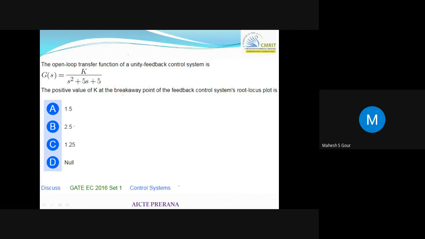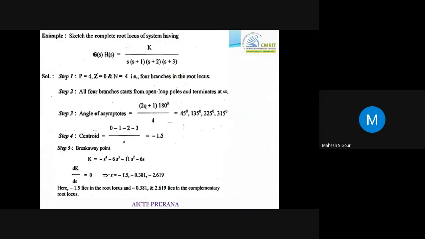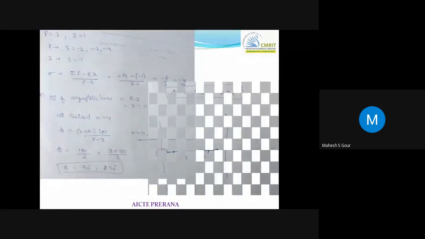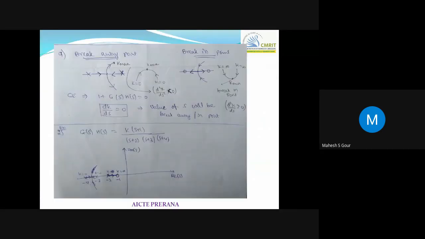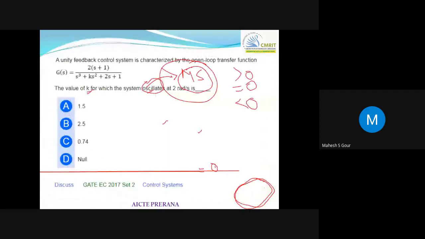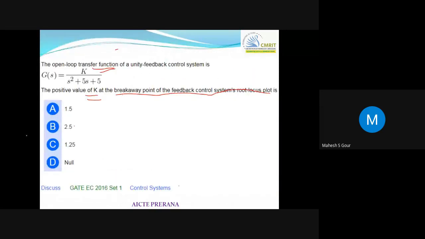Okay, so the next question is asked in the same way. Can you solve and tell me? The open loop transfer function is given. You need to find the value of k at the breakaway point of the feedback root locus. This problem is the same as this. What is asked?